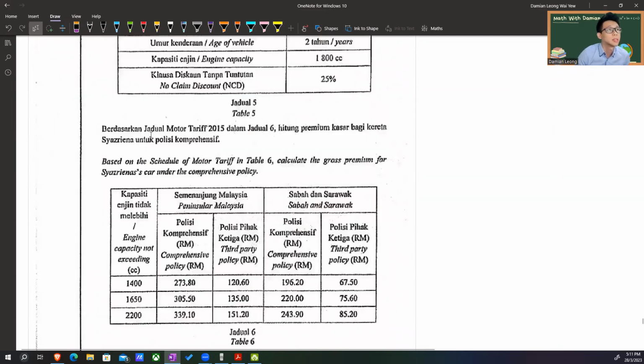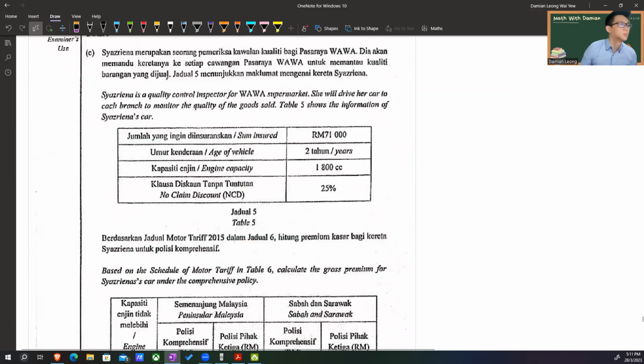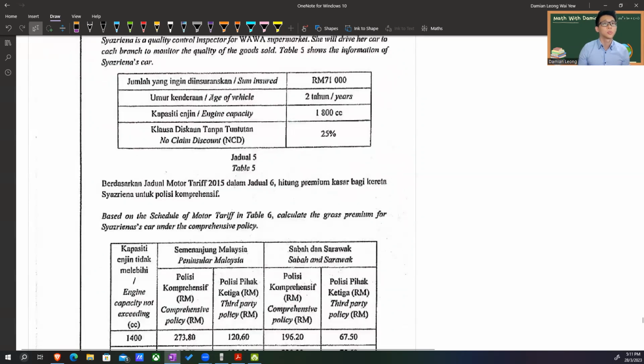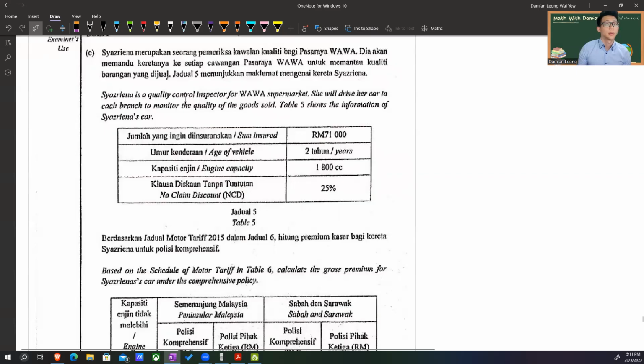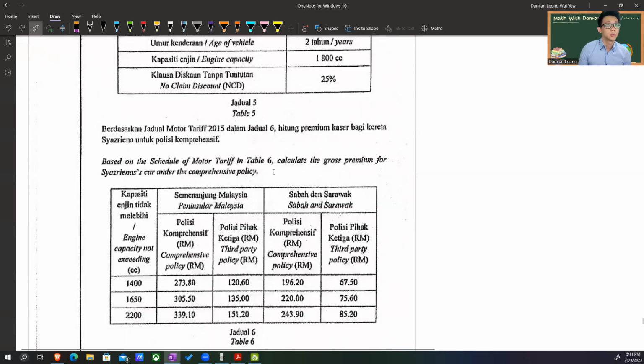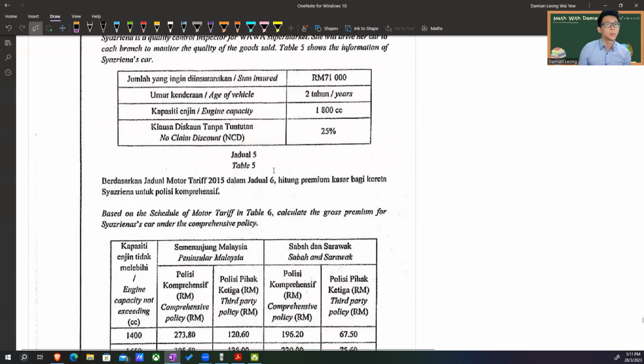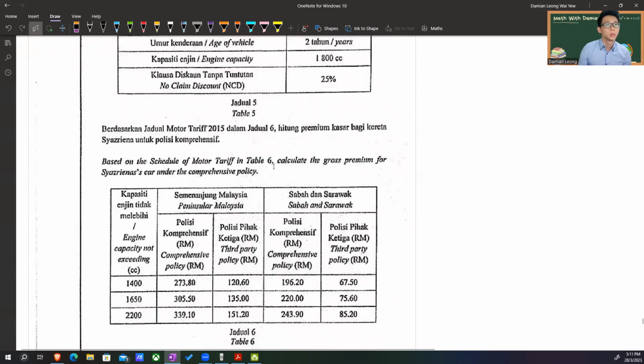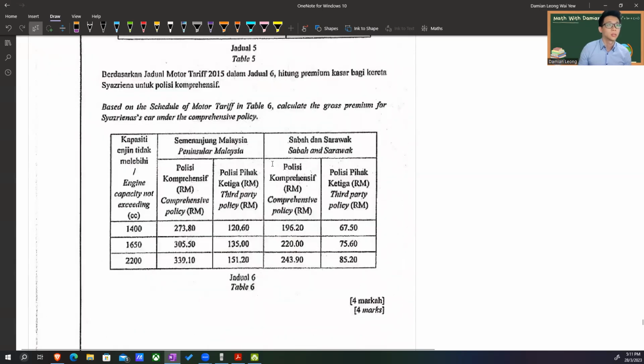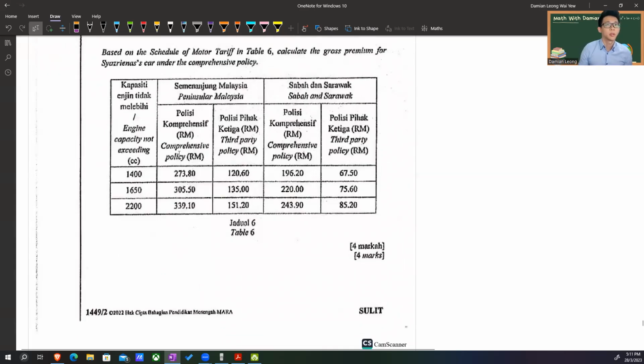And last part C here. So I have just read now quality control for Wawa supermarket. Drive her car to each branch, monitor quality. So I want the gross premium for her car under comprehensive policy.